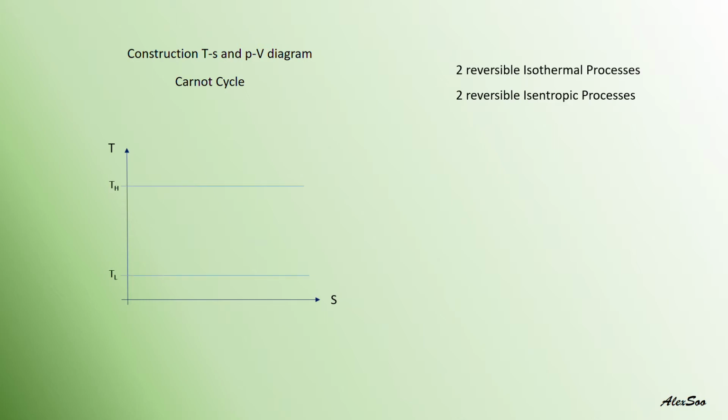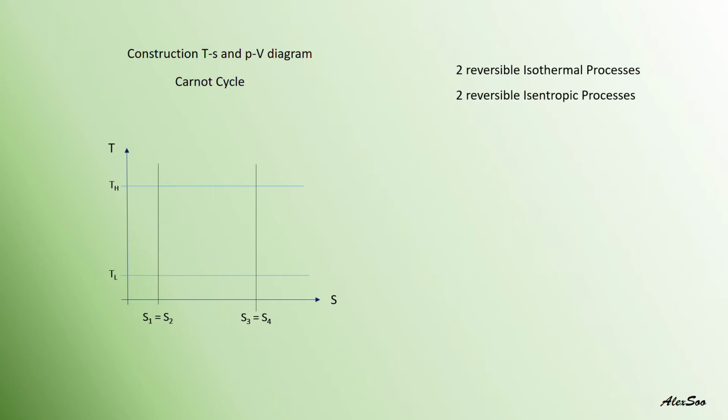And since there are only 2 temperature lines, the higher one refers to the higher temperature, which is based on the source, and the lower one is the lower temperature region, the sink. Then we have 2 isentropic processes that appear as straight vertical lines on the TS diagram, at which you have the entropy going from one point to another.